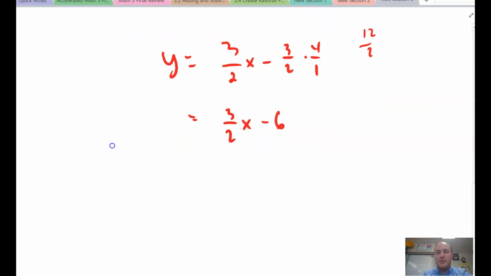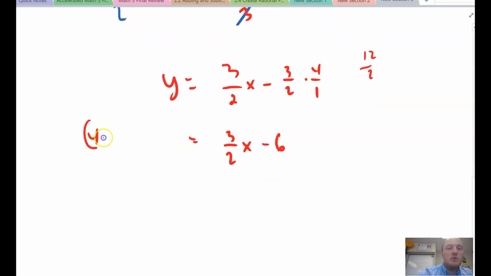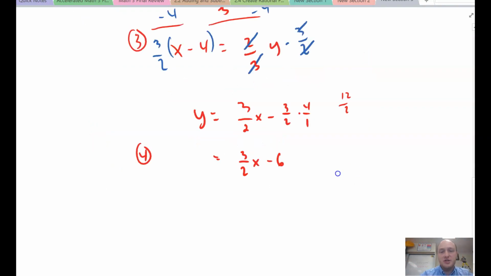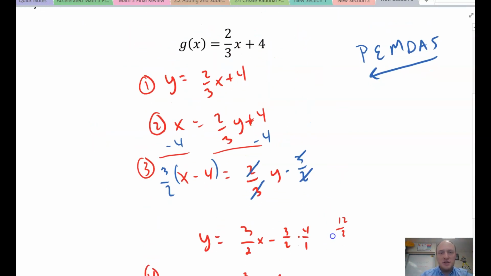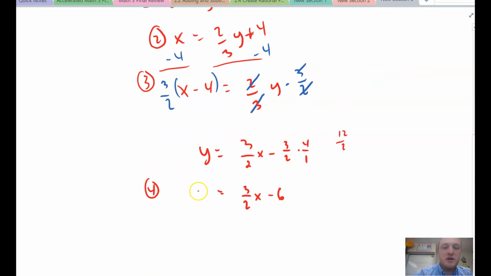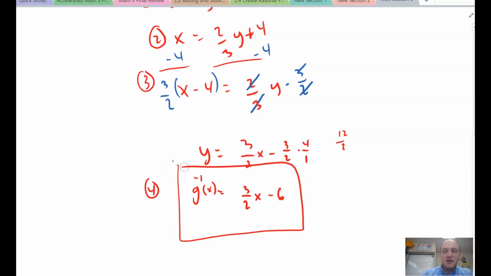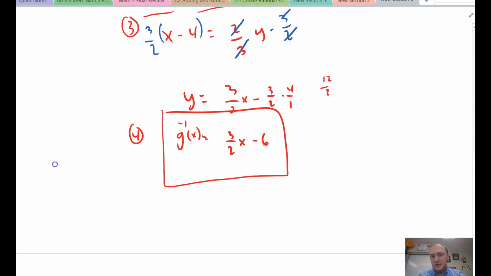This is almost our answer, step 4. We want this to be in inverse notation. So our function is called g, so what do you think our inverse function is going to be called? g inverse of x. So there's your inverse notation.